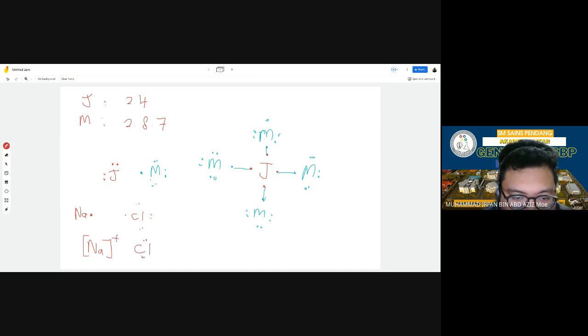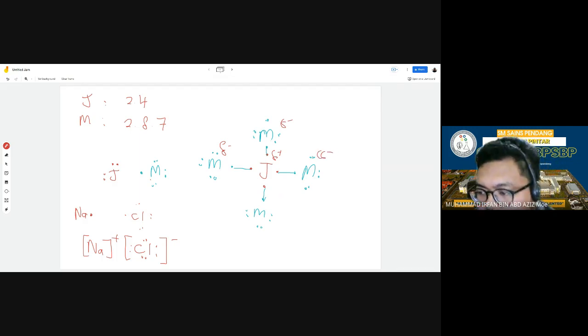So we get lah 8 kat situ. Jadi ion. But for this, since they share, tak ada charge lah. Dia just ada a little bit of, kita panggil sebagai delta plus dekat sini. Dia punya polar lah. Ni delta plus, ni delta minus. But you tak perlu tahu pun actually.